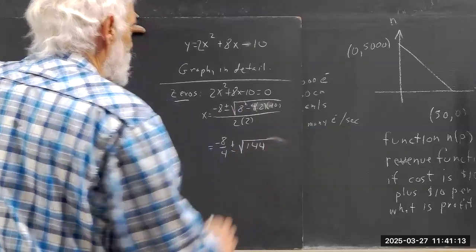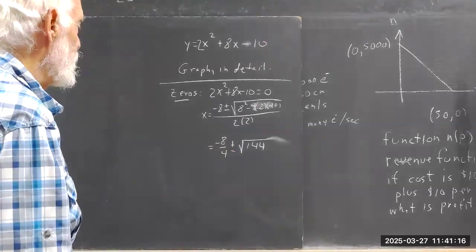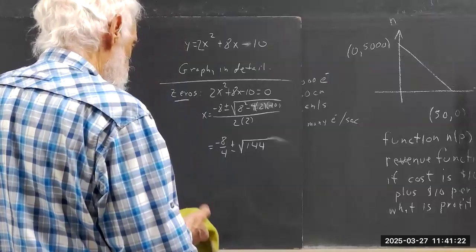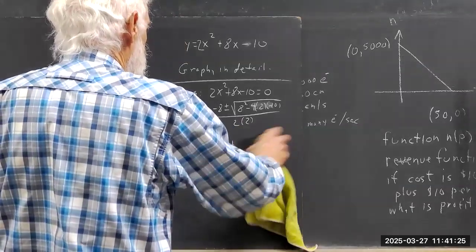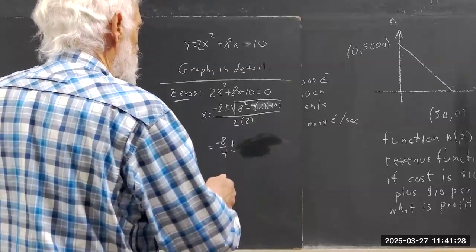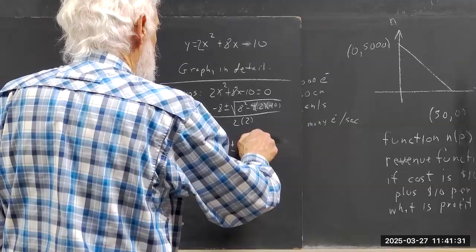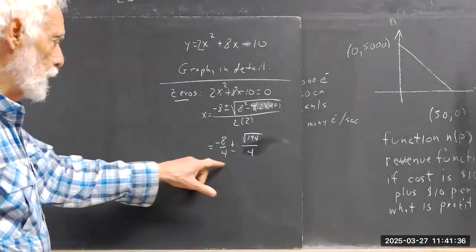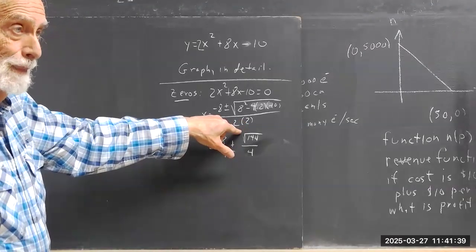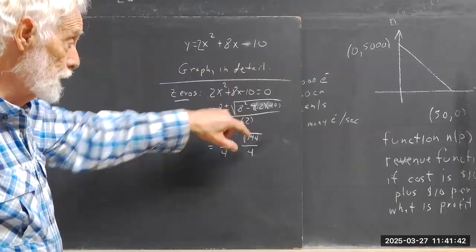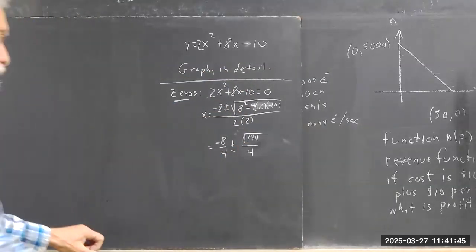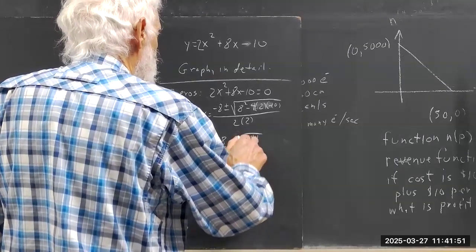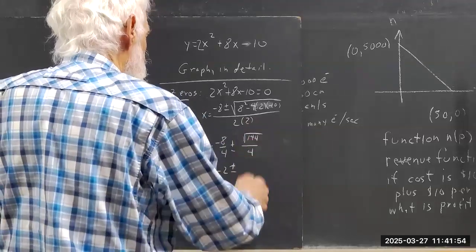I got a perfect square. Being careless with what I write, focused on getting that number. I think I did that right. Square root of 144 over 4. Yeah, the 4 here and the 4 here come from 2 times 2, right? It's the denominator for -8. It's also the denominator of 144 by the distributive law. Okay, so that's -2 plus or minus square root of 144 is 12. 12 over 4 is 3.